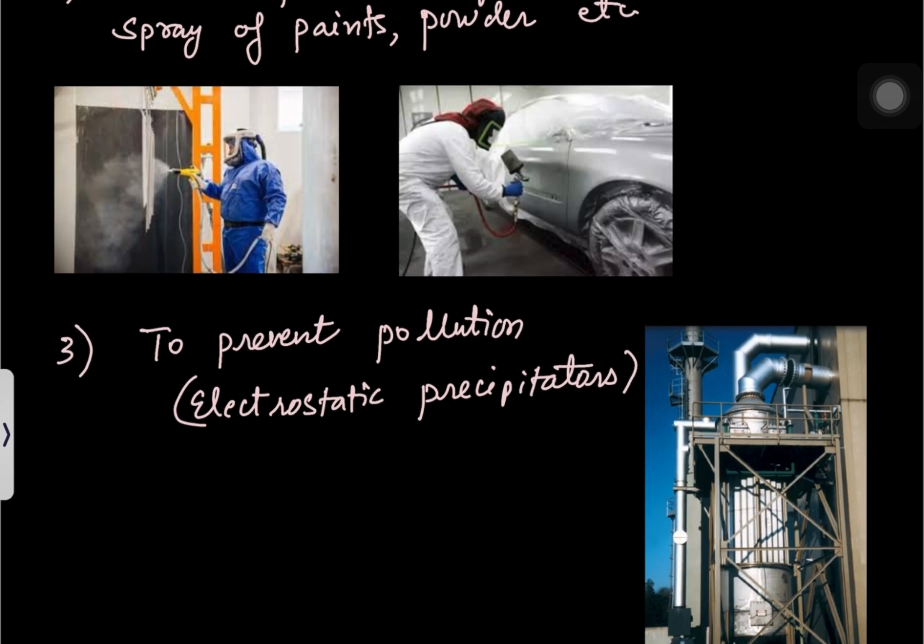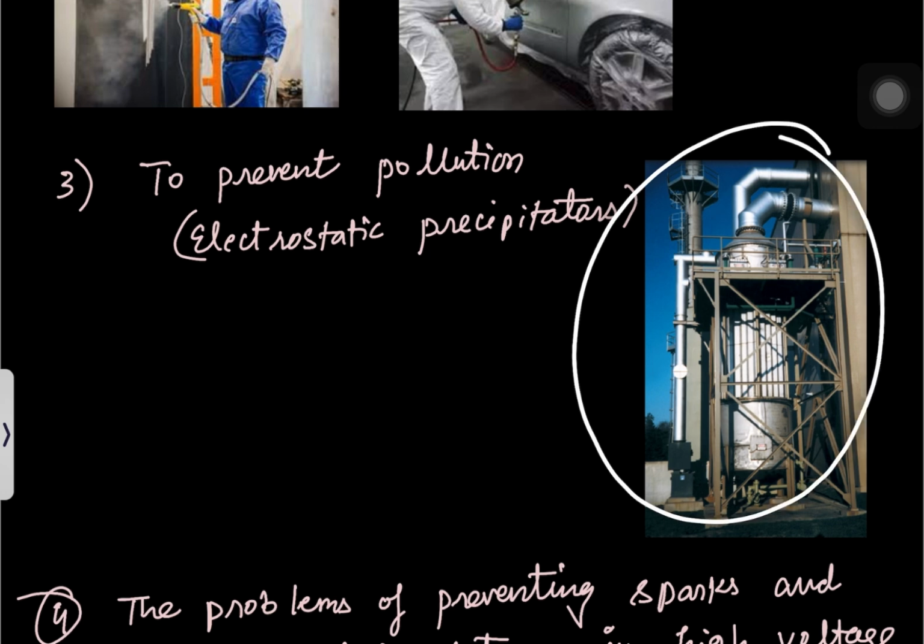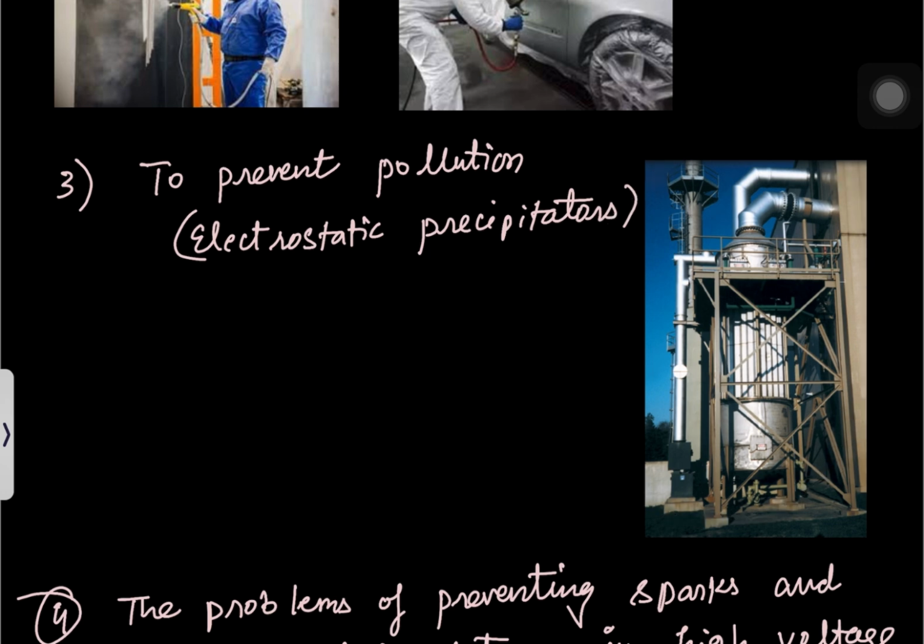Third importance of electrostatics is to prevent pollution. So the devices based on electrostatics to prevent pollution are referred to as electrostatic precipitators. So these are the electrostatic precipitators which work on the principle of electrostatics.